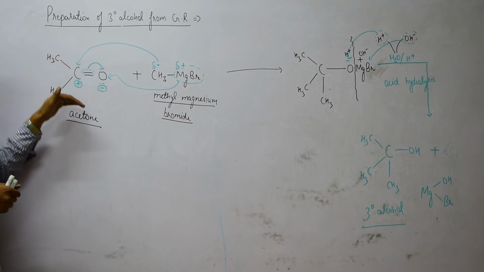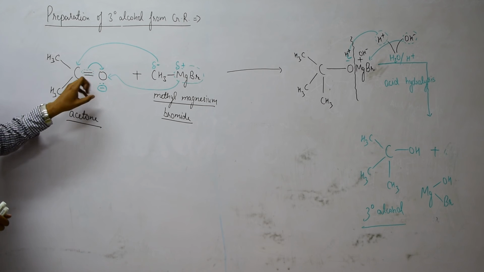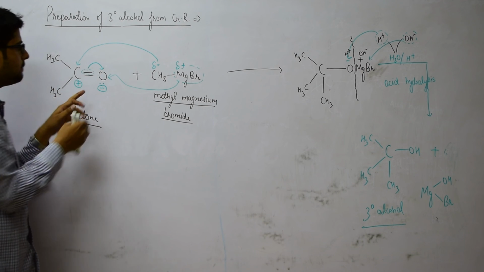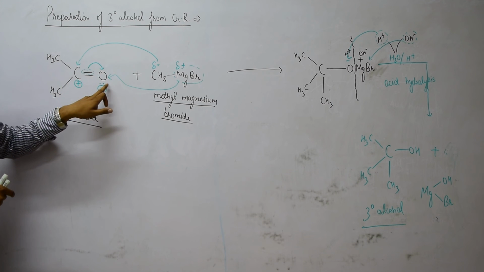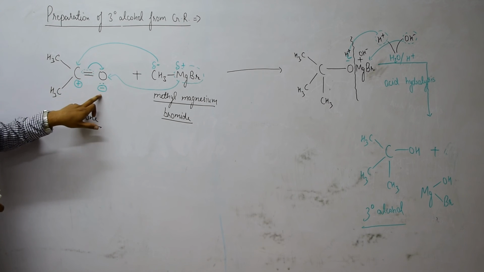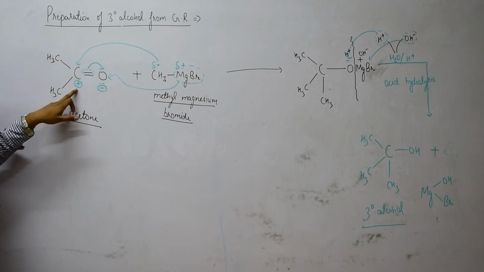This is our starting material, acetone. Oxygen being electronegative, it will attract the pi electrons. The pi bond would be cleaved, leading to the generation of two electrons, which would be arranged at oxygen atom. So a carbanion would be formed, and an equal amount of positive charge will be developed at the carbon atom.